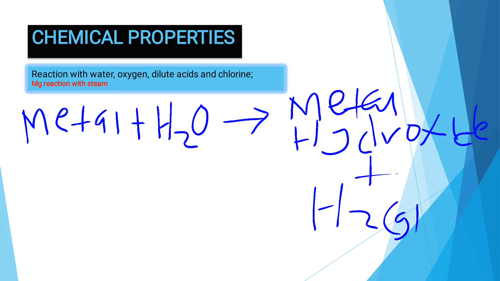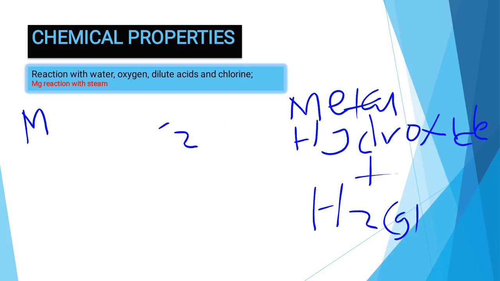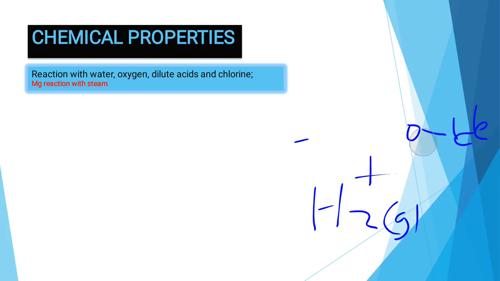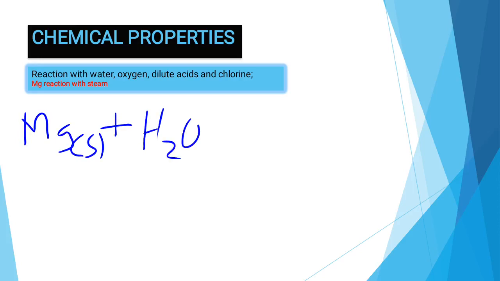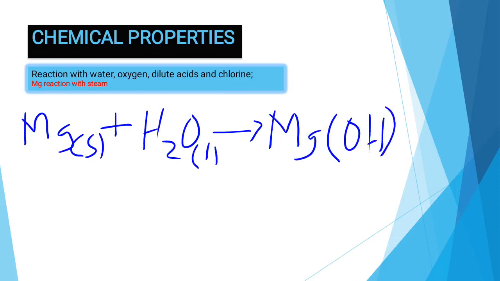So let's look at an example now using magnesium as our metal. We have magnesium, which is a solid, reacted with water, which is a liquid, to give us magnesium hydroxide plus hydrogen gas.